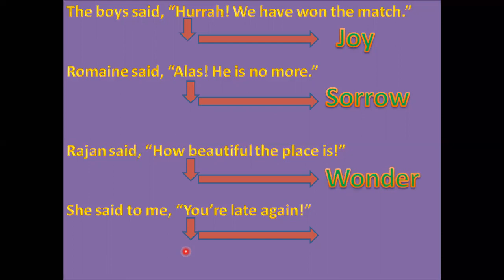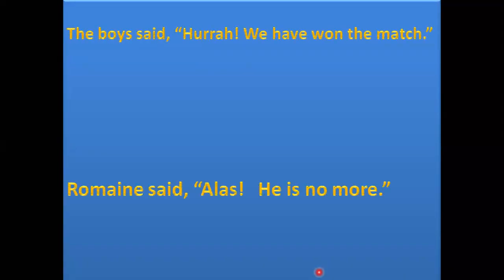And the fourth sentence expresses anger, anger for being late. So now let us go to a detailed analysis of this sentence and then changing the sentences from direct to indirect speech. So let's take a couple of sentences.